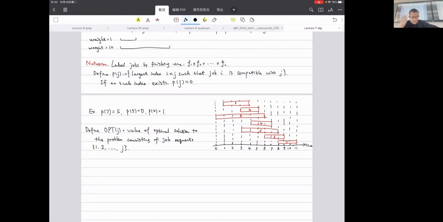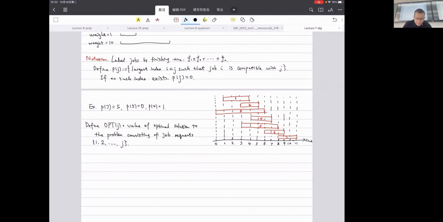Of course, the solution we should output is OPT of n, but in general we have a series of definitions. OPT of j equals the value of the optimal solution if we only consider the first j intervals. Hopefully we can build a good relationship, figuring out the relationship between different OPT j's. This is something we want to understand well.